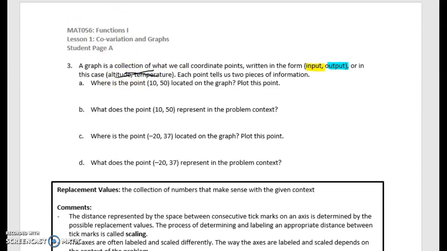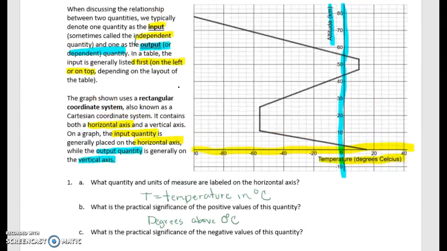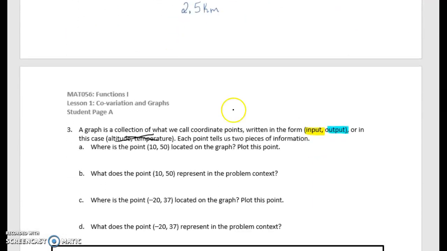We should actually have, I'm going to just write it up here, because if we look back, we know that our input is temperature and our output is the altitude.